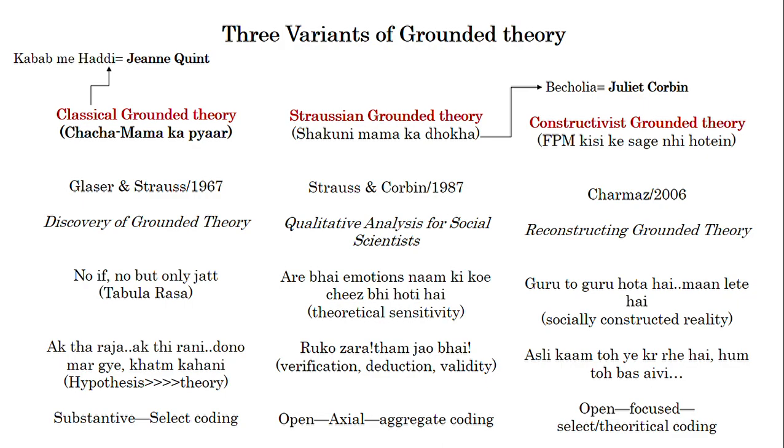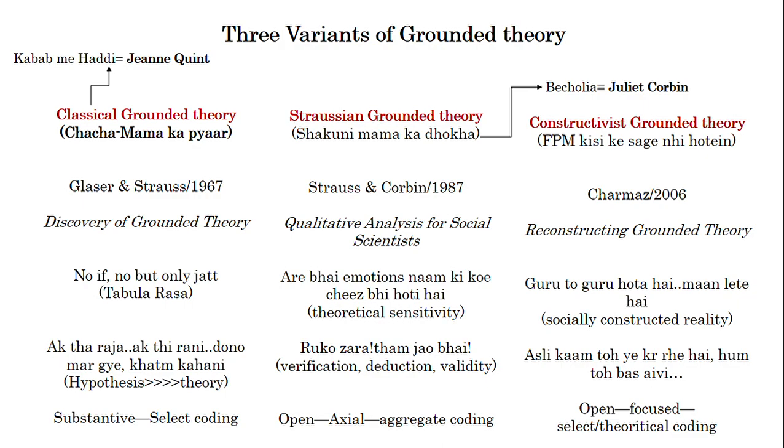In classical grounded theory, which was proposed through The Discovery of Grounded Theory, it suggests that when you go to the field for data collection, you are expected to have a tabula rasa. That is a very clear mind, nothing in your mind before you go to the field. You should be completely unbiased, and the data collection should happen without any framework, model, theory, or even a literature review being done before going to the field.